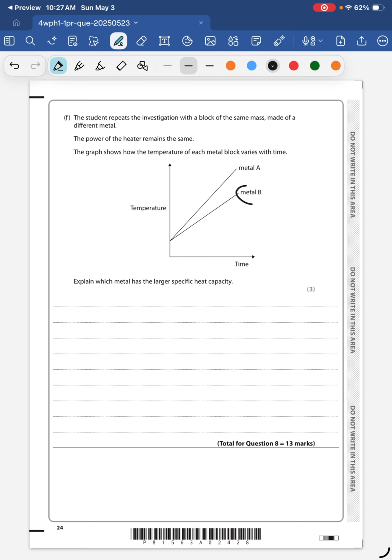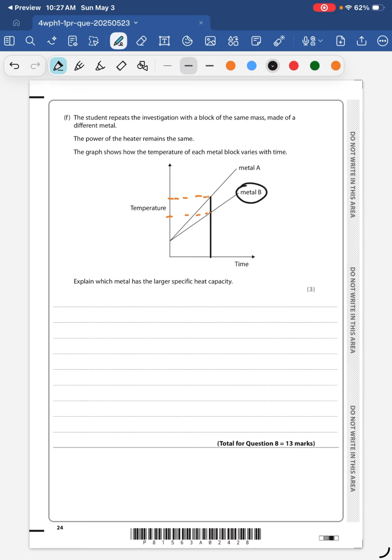So this is metal B, right? And the reason is because for the same time, if we take that amount of time, you see that the temperature of metal block B is less than the temperature of metal block A, which means it takes more energy to heat up metal B.